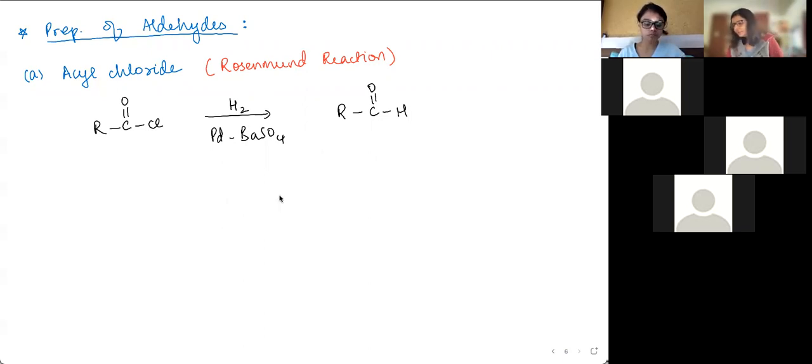Actually, just let me go through the reactions of ketones also. Do you want to do aldehydes separately from ketones, or from the same reactant, what will get me aldehyde and what will get me ketone, parallelly? Do you want to do a comparison? No, miss, comparison, I get confused. Okay, so we'll do it separately. The reactant is the same, because we have acyl chloride, we have nitriles, and then we have the aromatics.